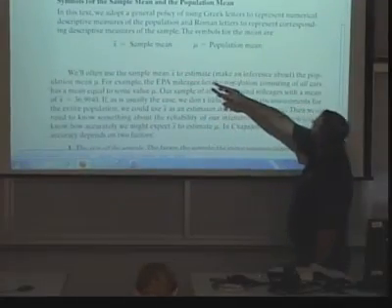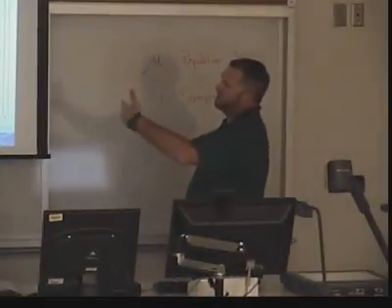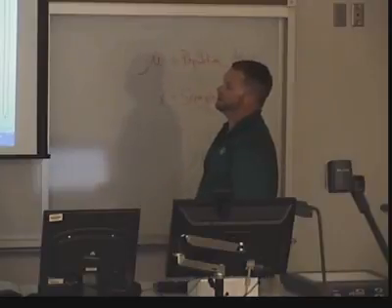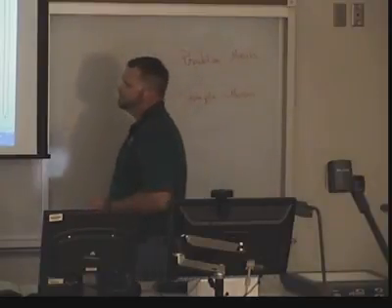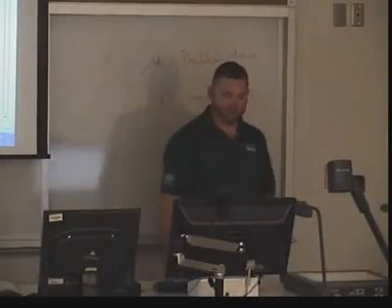So Greek letters pertain to population descriptive measures, and the other symbols, basically the English symbols, deal with sample descriptive measures. So if you see a Greek letter, we're talking about the population. Okay?